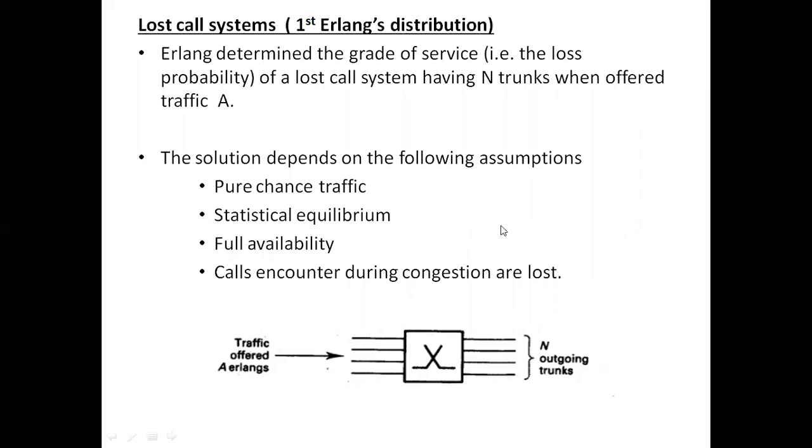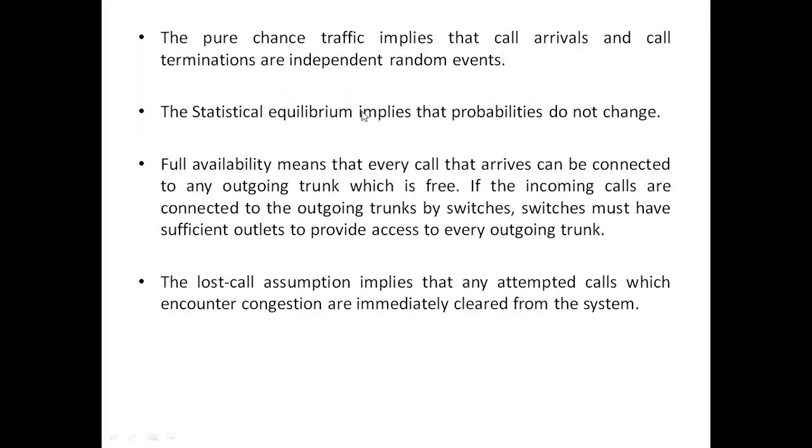Moving on. What does this assumption say? There are four assumptions. The first assumption says the pure chance traffic implies that call arrival and call termination are independent random events.